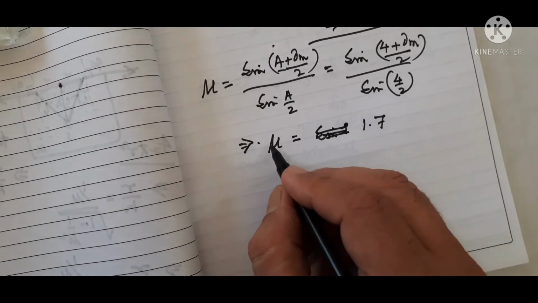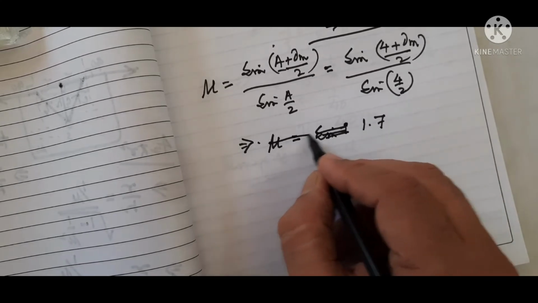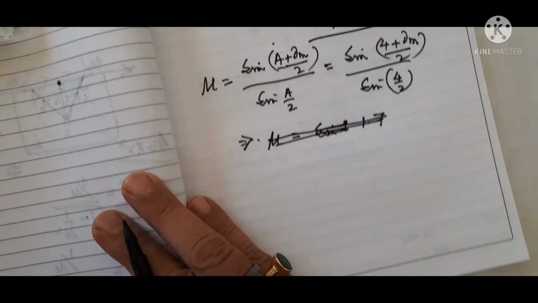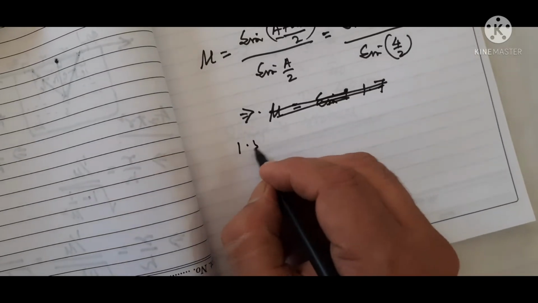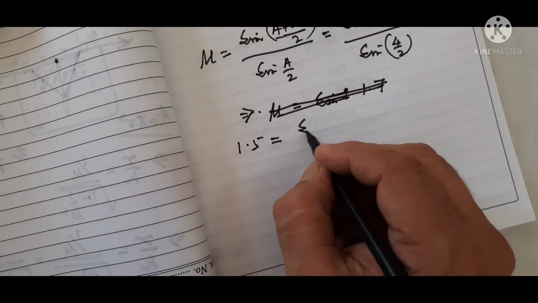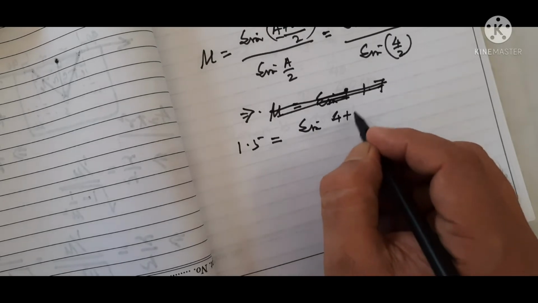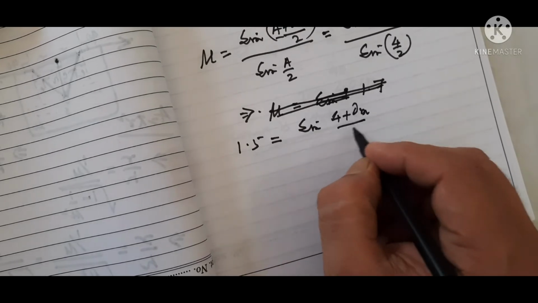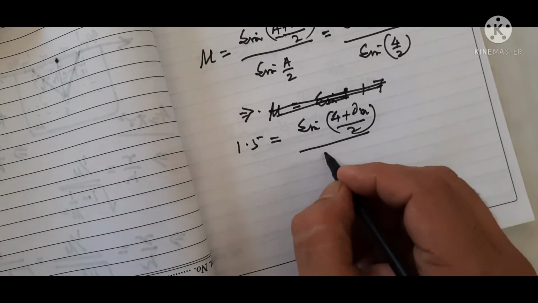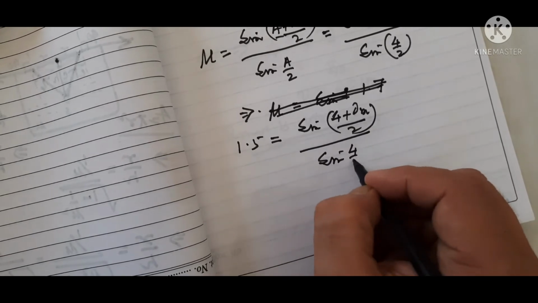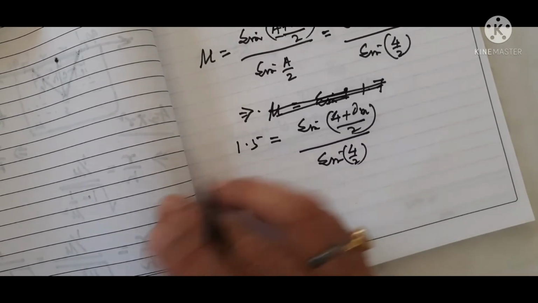How are you going to find it? In this way, as delta m is what you have to find out, it is better to write 1.5 is equal to sine of (4 plus delta m) by 2, divided by sine of 4 by 2, that is sine 2.